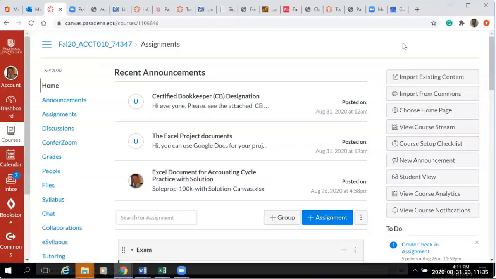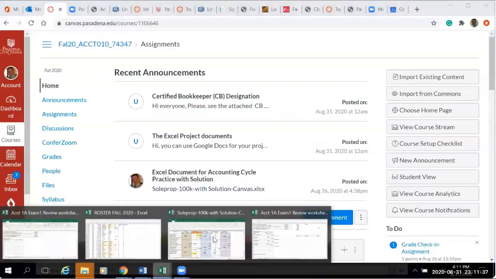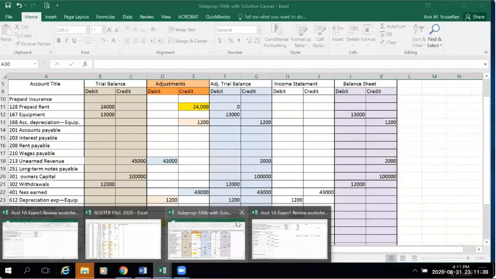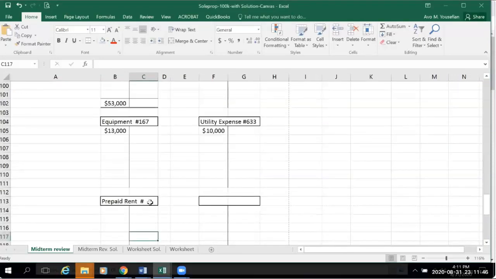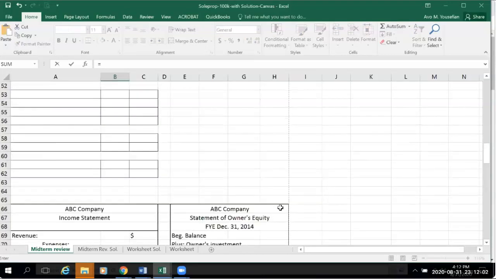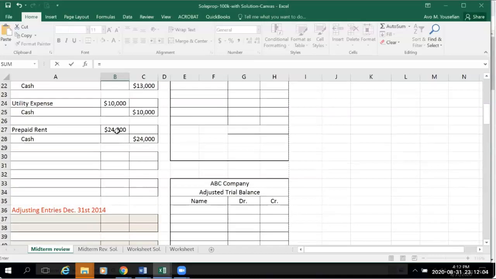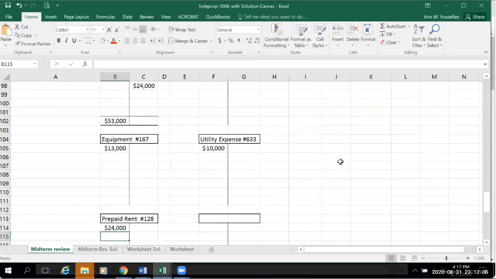I'm just using that same number so I can relate to the same thing. 128, enter, voila. And the asset will be equals to prepaid rent, debit side, asset equals to, all the way up, right there, enter.